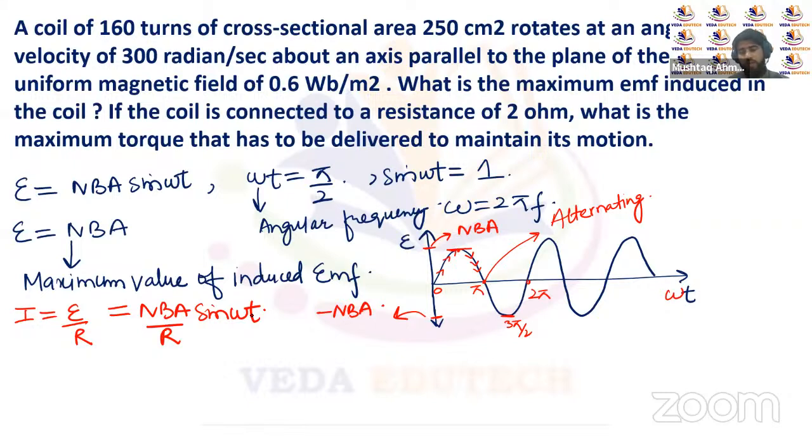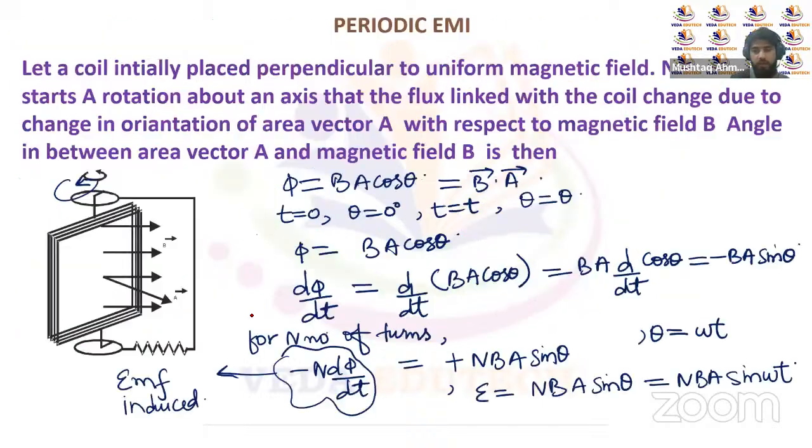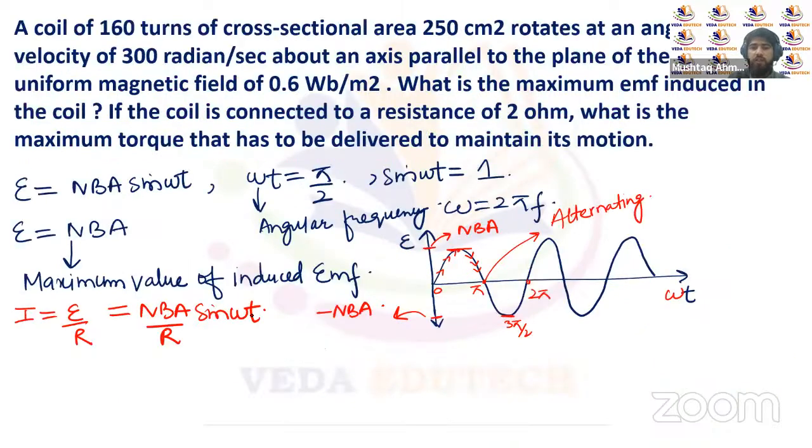So this is how the induced EMF varies with respect to the rotation of this coil, or we can say if the orientation of the magnetic field vector changes with the area vector.